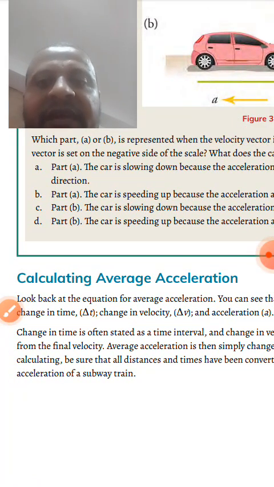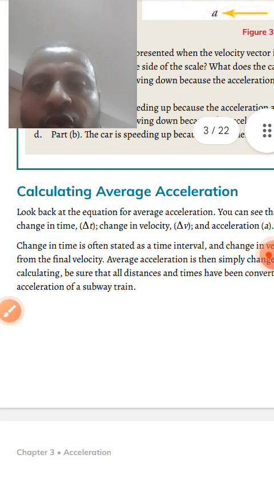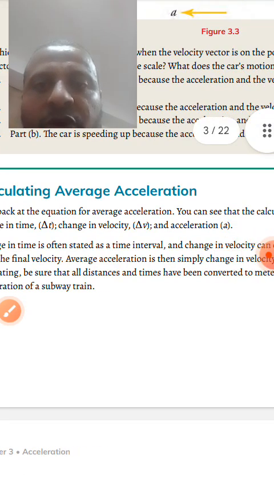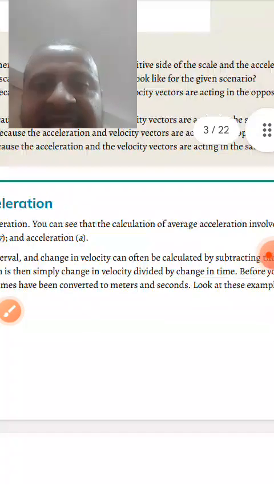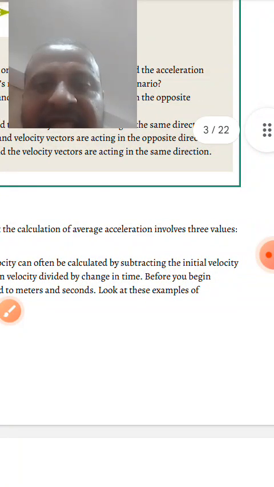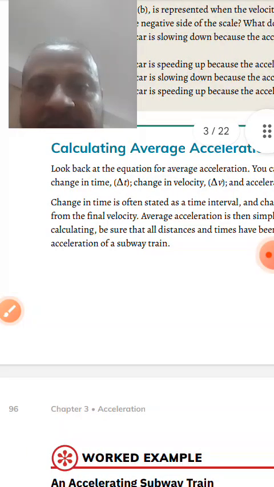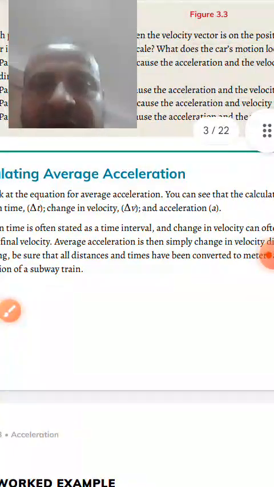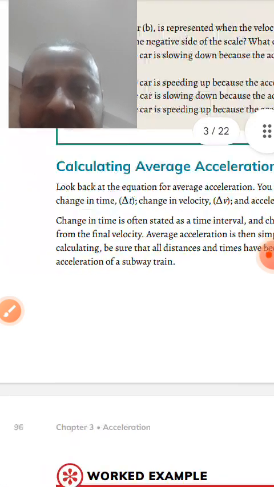Calculating average acceleration. Look back at the equation of average acceleration. You can see that the calculation of average acceleration involves three values: change in time, change in velocity, and acceleration.